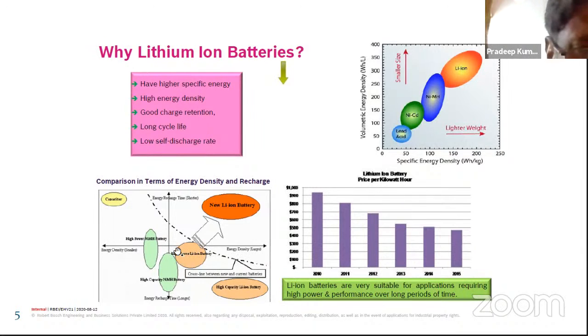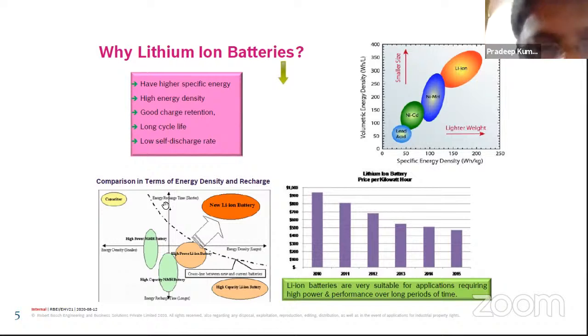Actually, here it is talking about how fast you can charge versus the energy density. The existing lithium-ion battery is somewhere here in this particular bubble, and maybe with additional research we will reach the new lithium-ion battery in this bubble, wherein you have higher energy density as well as shorter time for recharging.